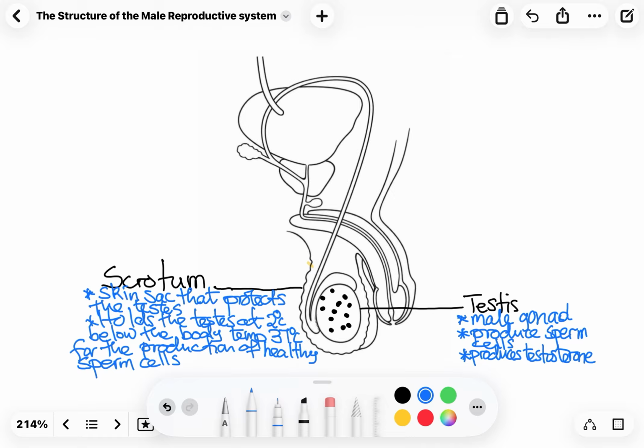Right, so healthy sperm cells have been produced, but we need to note that when these sperm cells are produced, they are immature, and therefore they need to be stored somewhere until they mature. And that is the part that we are going to look at now.